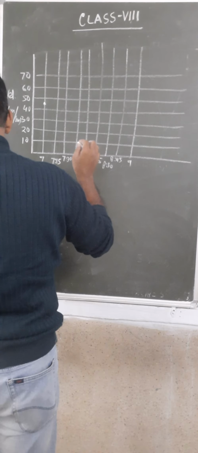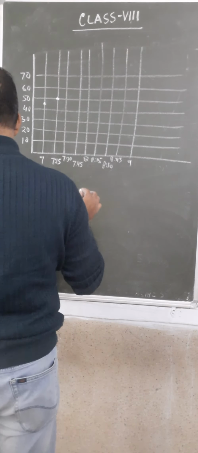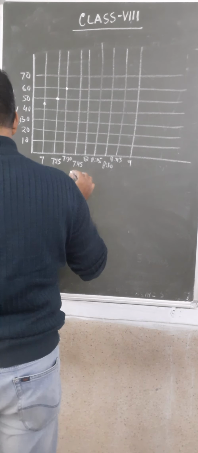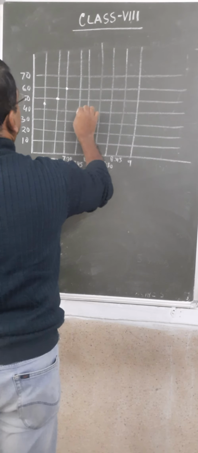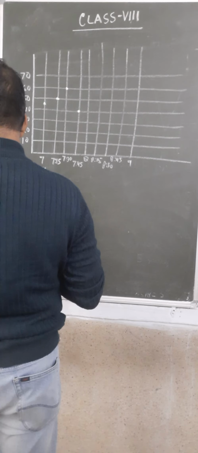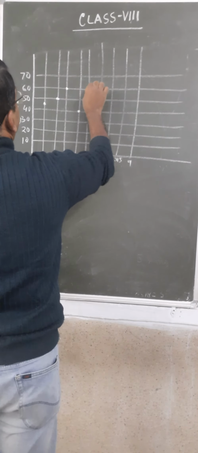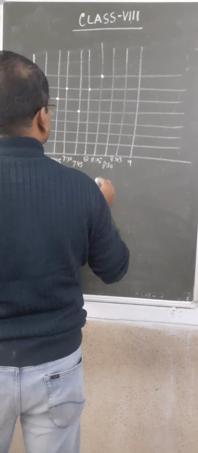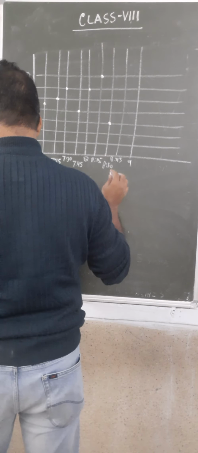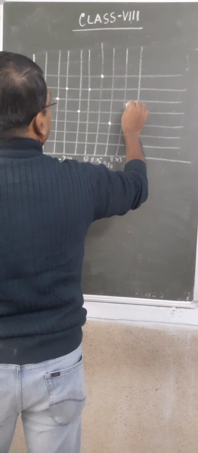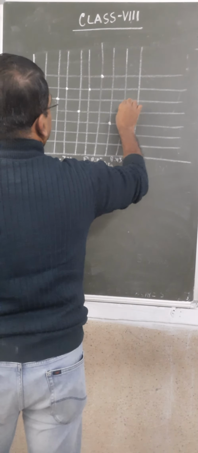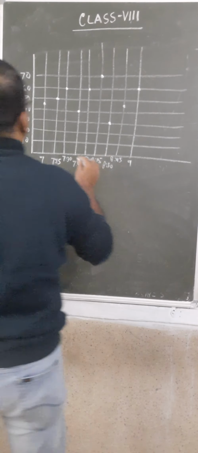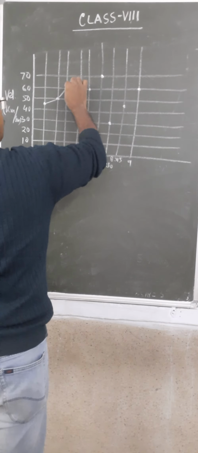This is for car A. So if we join the dots, we'll get the graph like this.